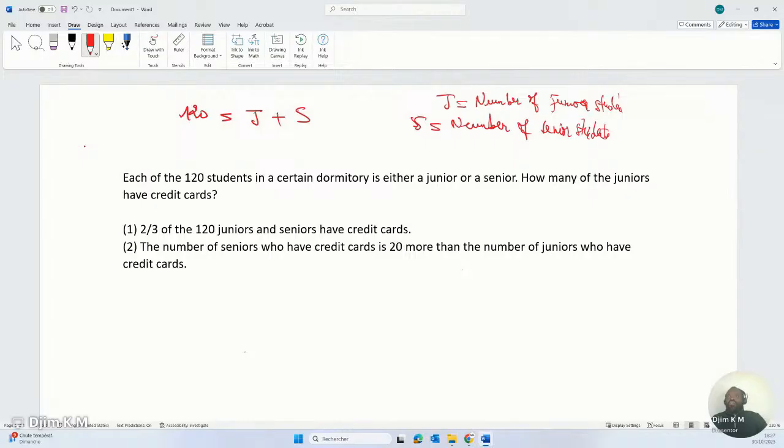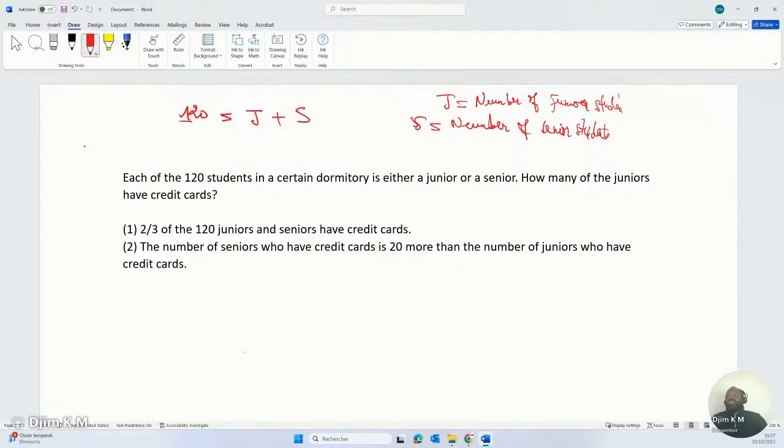It's talking about having credit cards, so we have juniors that would have credit cards and those that would not, and seniors that will have credit cards and those that will not.